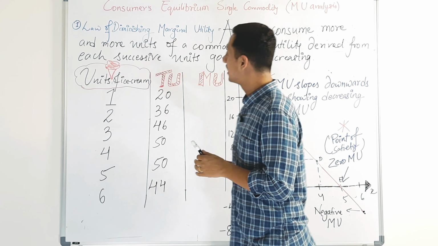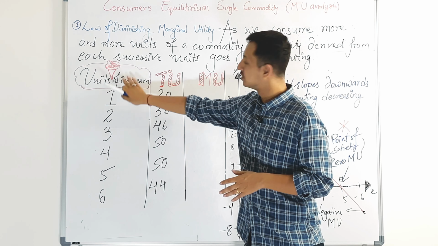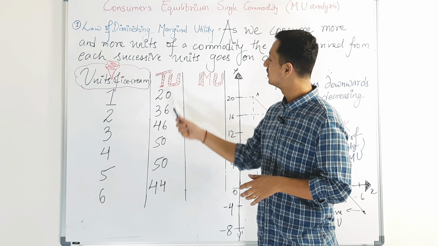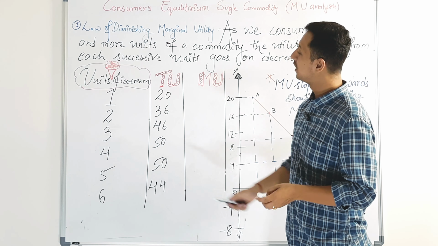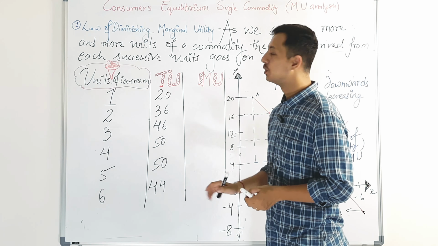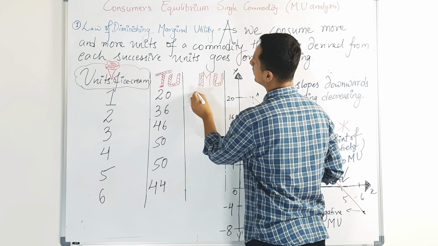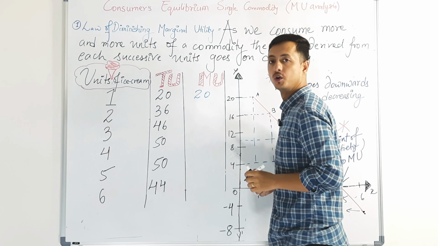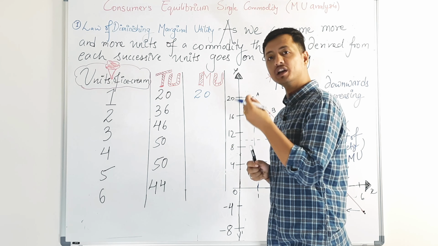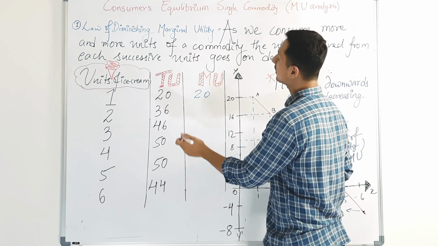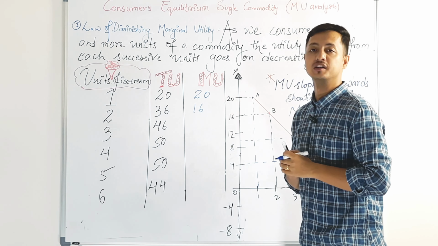Let's say we are consuming ice cream. These are units of ice cream, this is total utility and this is marginal utility. When we had the first ice cream, we got a utility of 20, so total utility is 20 and marginal utility is also 20. When we have the second unit, the utility will diminish. Let's say the second unit gave only 16 utility.